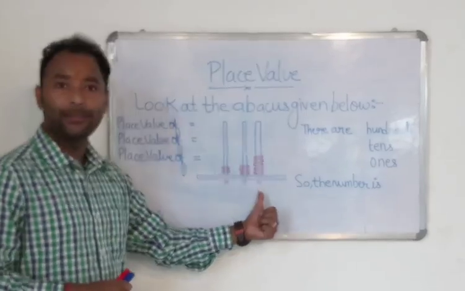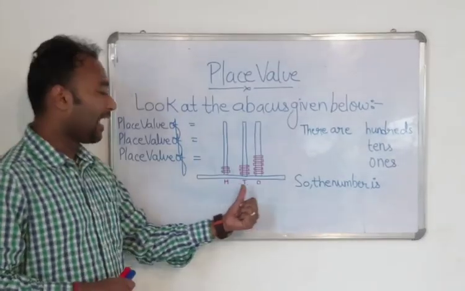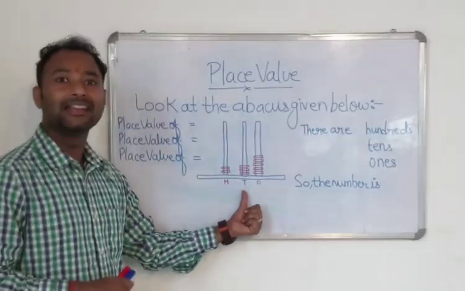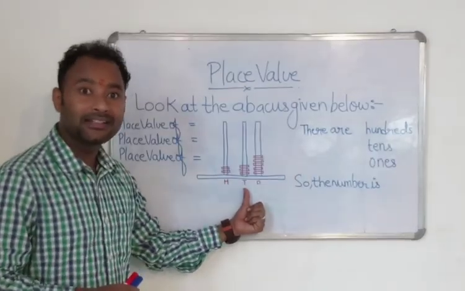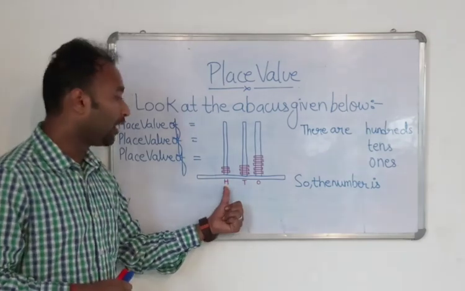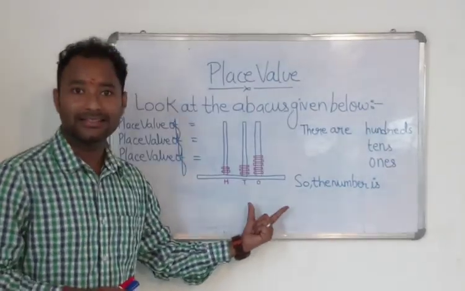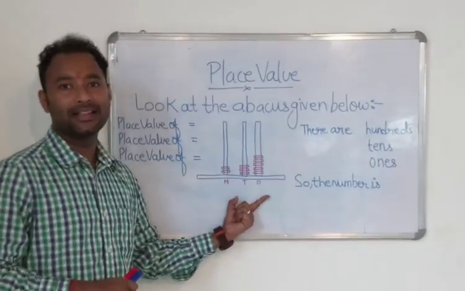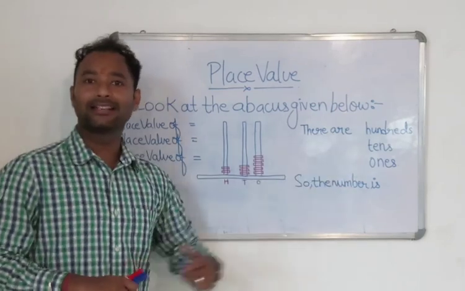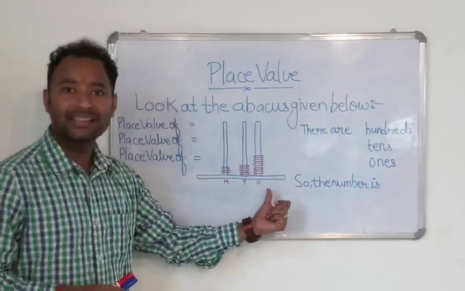Yes. Now in the abacus, the first position is ones and the second position is tens, and as we have studied three digit numbers, the third position is hundreds. Now I will ask you how many beads are there in each strand, and you will answer accordingly. In the ones position, how many beads are there?